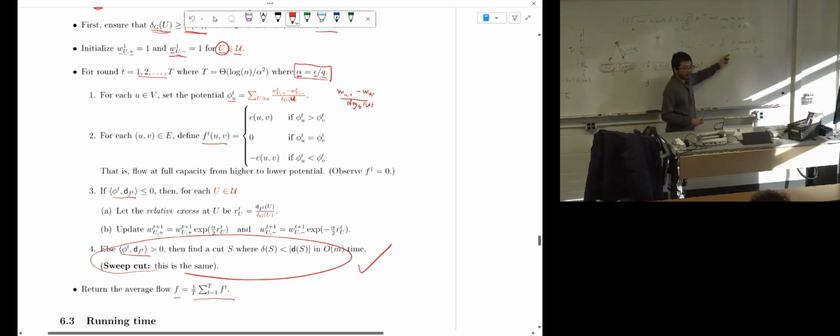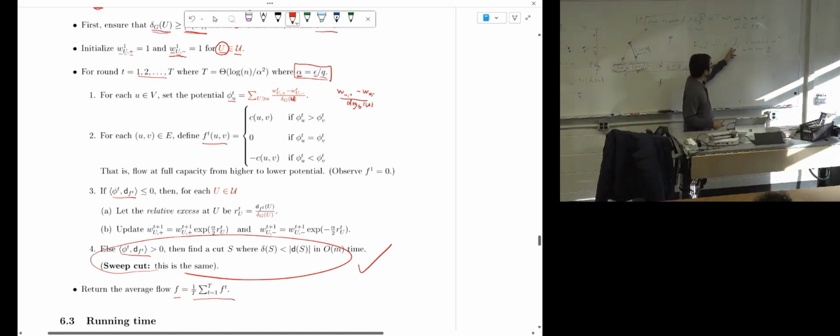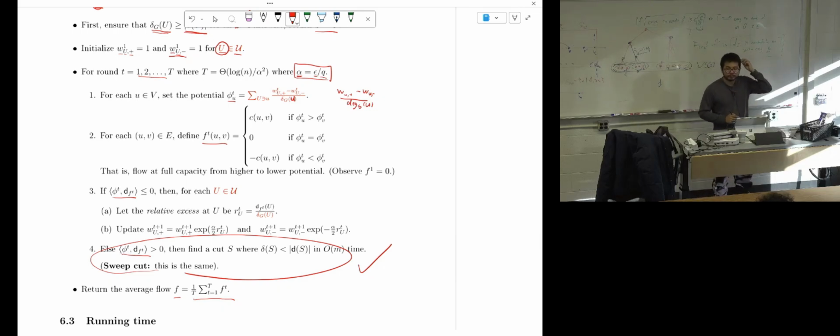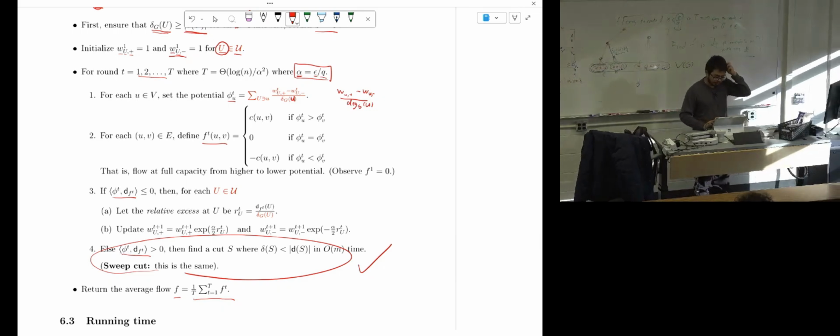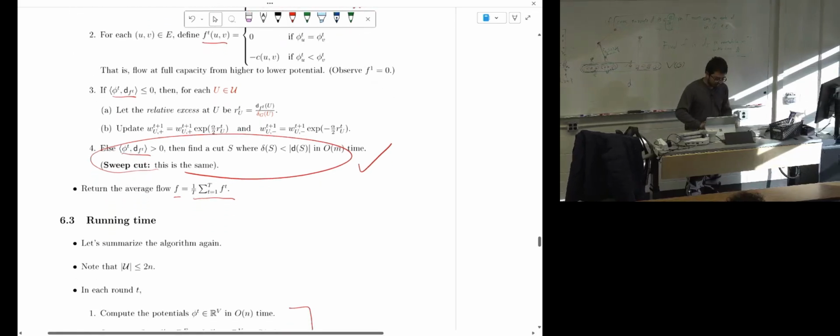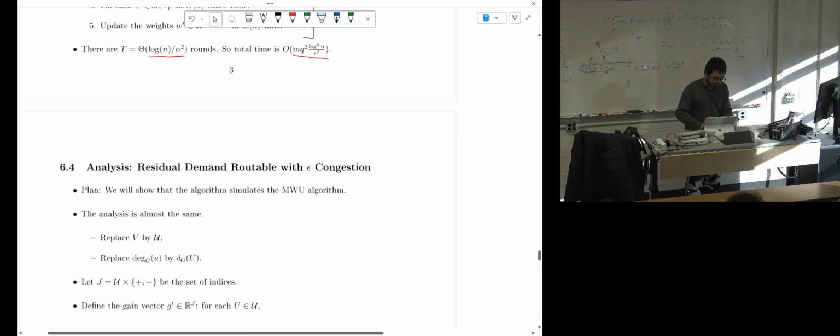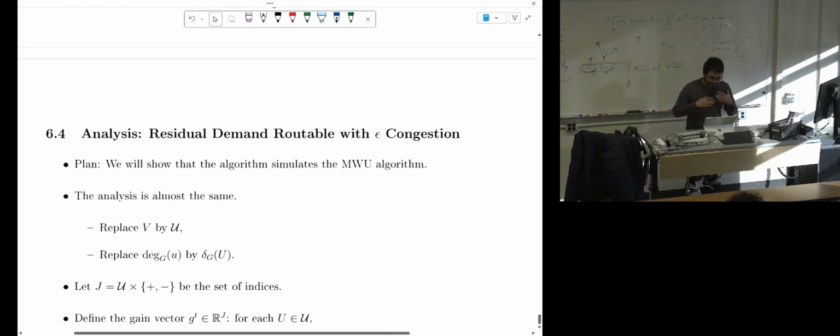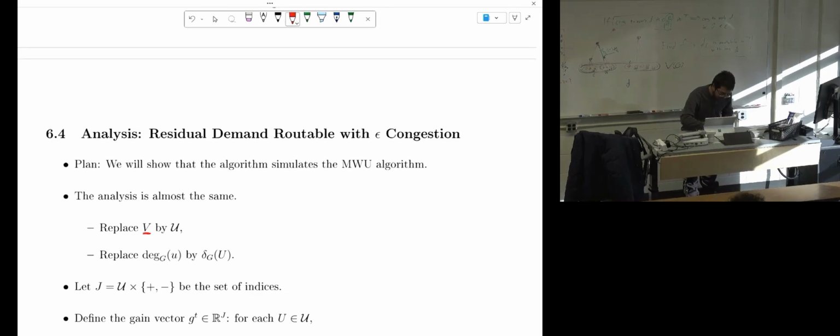We get that this residual demand can be routed in T with low congestion. Okay. But it's gonna be the same. Basically, I literally just copy the same proof and replace the node set.